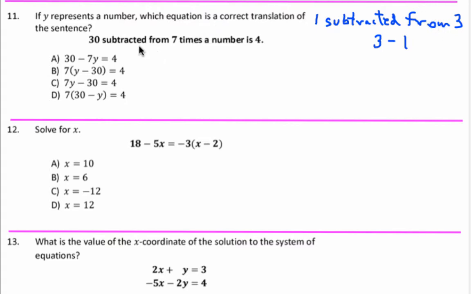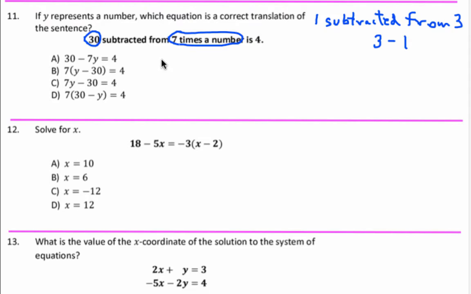So here, the first number that they tell us is 30. And then 30 is being subtracted from 7? No. 30 is being subtracted from 7 times a number. And when you do that, the result is 4.